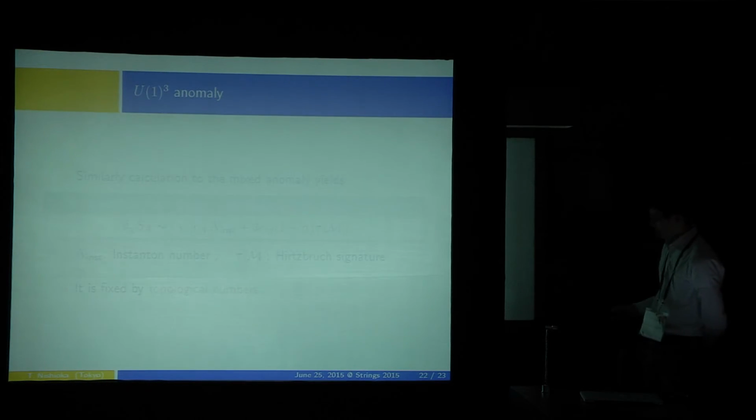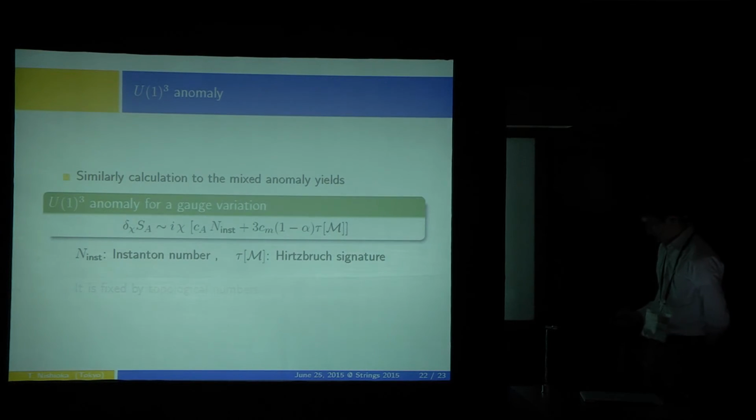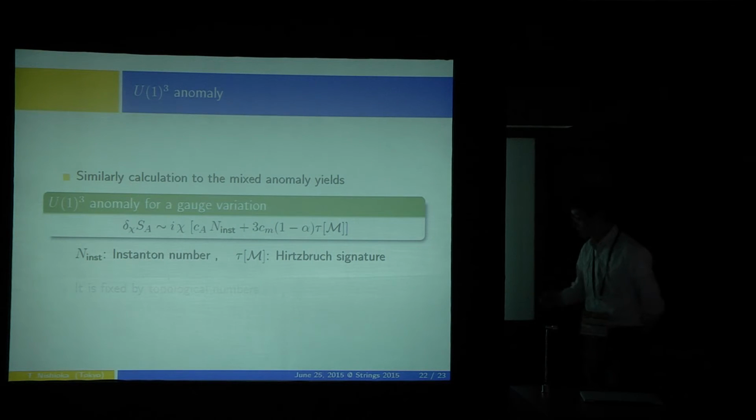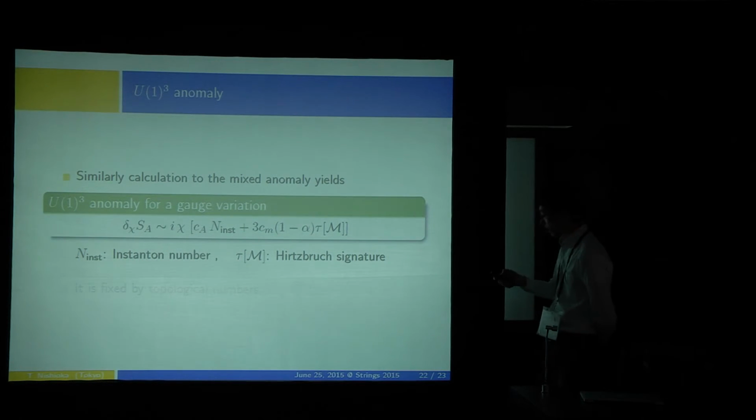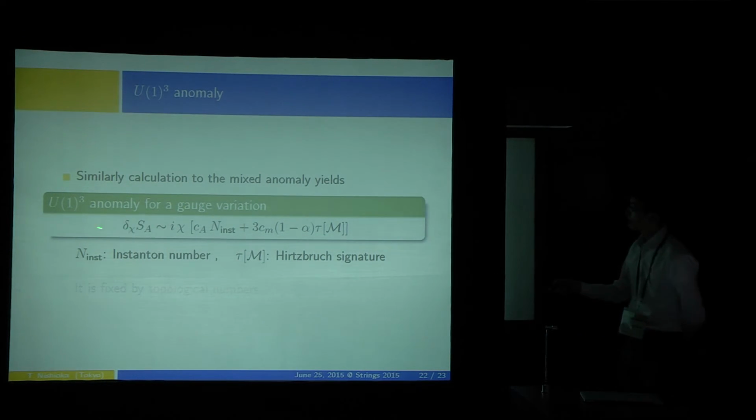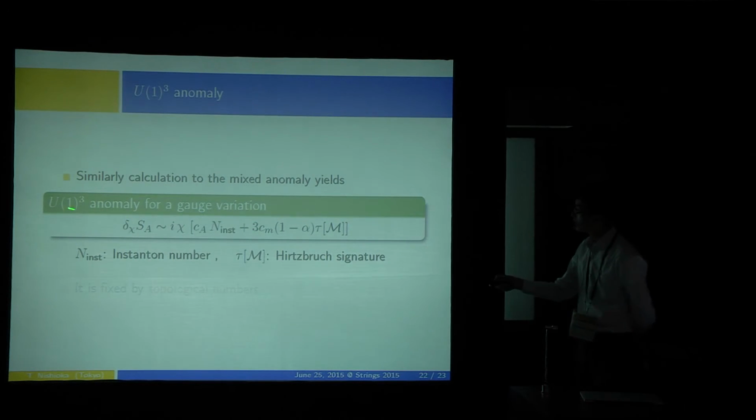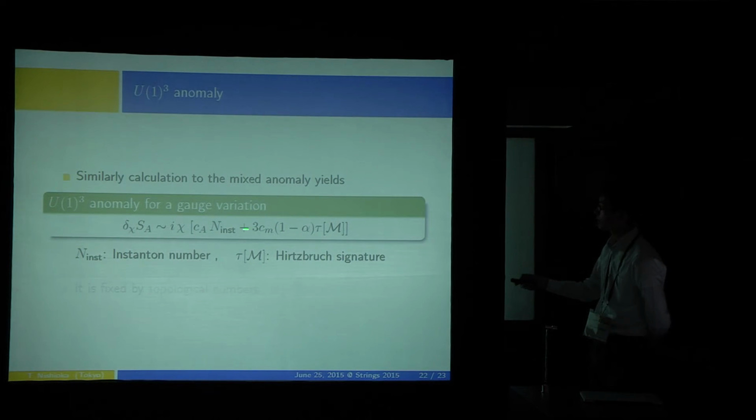If you go to the U1 cubed anomaly, then I also have to make some assumption for the configuration of the gauge field. But this is my naive result. The U1 cubed anomaly appears in the gauge variation of the entanglement entropy. It is proportional to this gauge parameter, and you see that here you have the instanton number in 4 dimensions.